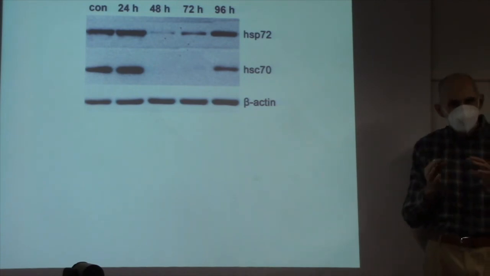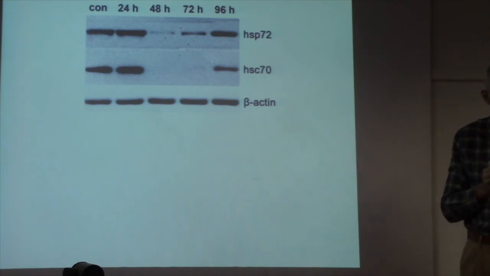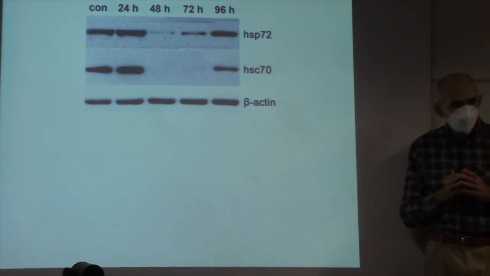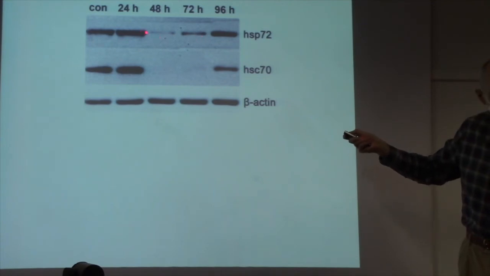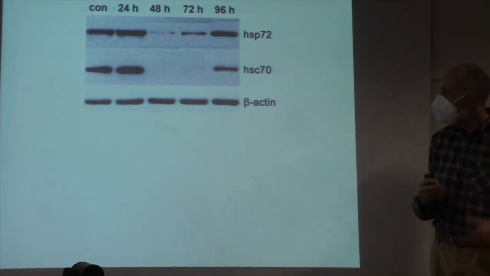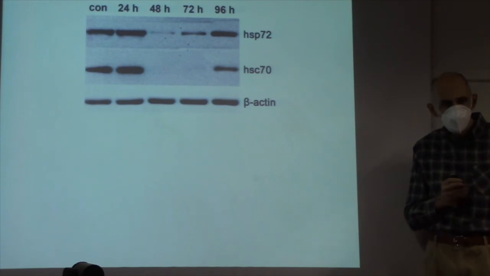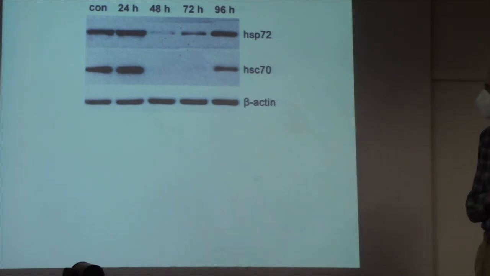And of course, both the area and the density are important in order to estimate the amount of protein, because this band here has an area fairly comparable with this, but it's much, much lighter. So you have to consider both the area and the density.